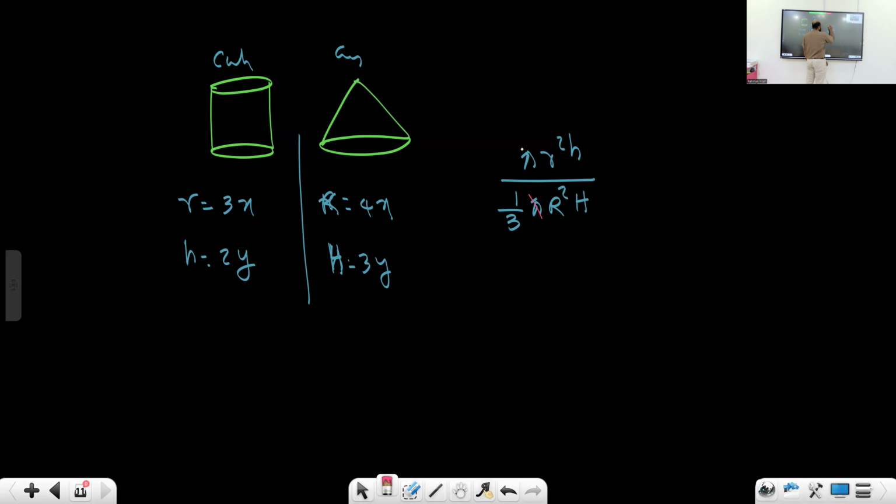Cancel pi and pi. What about this 3? This will move up, as it is a reciprocal. What is r? 3x into 3x. Height is 2y. Now the cone: 4x into 4x, and height is 3y.